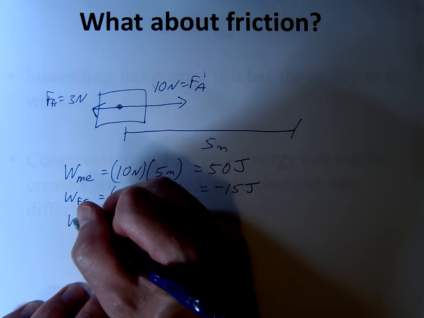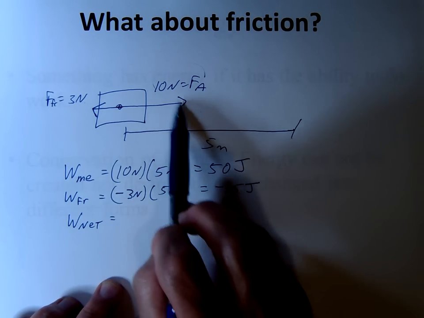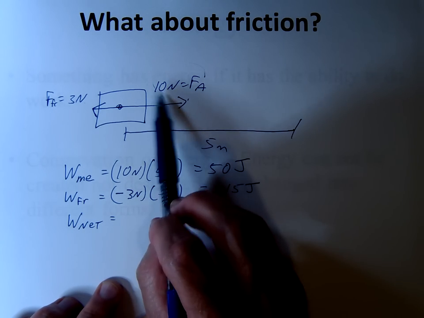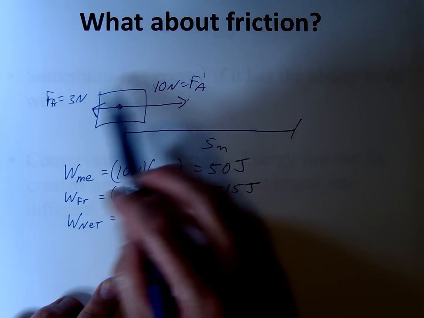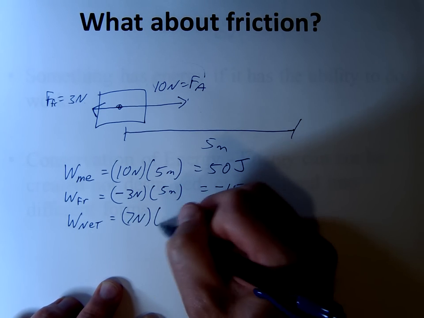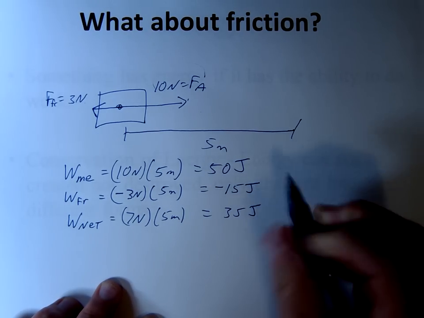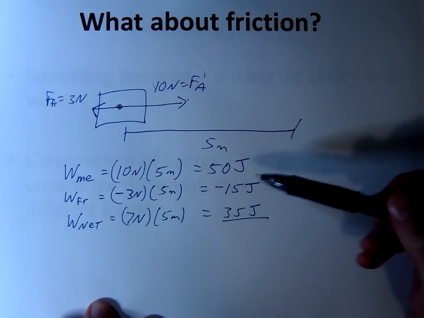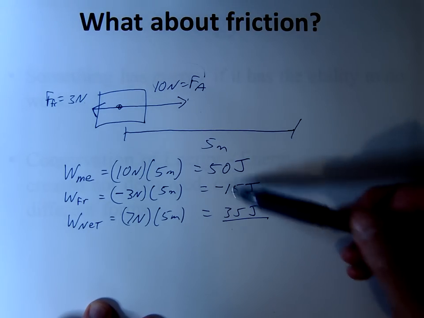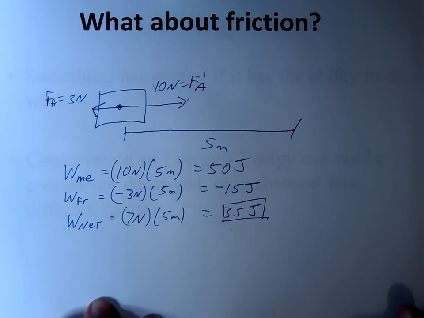And if you take a look, let's look at our net work. This would be the overall when you look at both of them. Well, you can clearly see 10 and 3, the net force would be 7 newtons times 5 meters, which is 35. And you can check out how this works, because if this is 50 joules, negative 15 joules, notice that that's going to add up to a total of 35 joules.